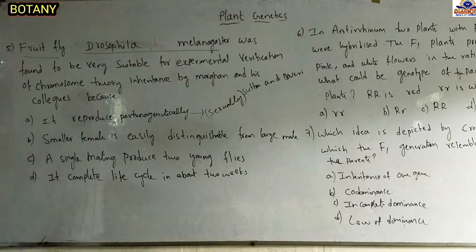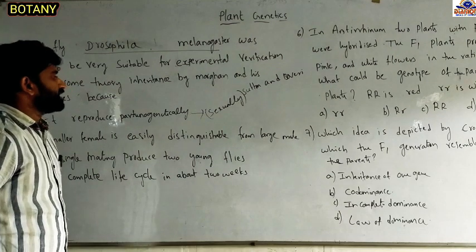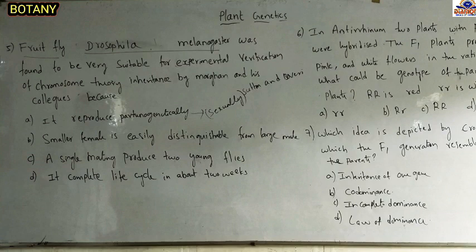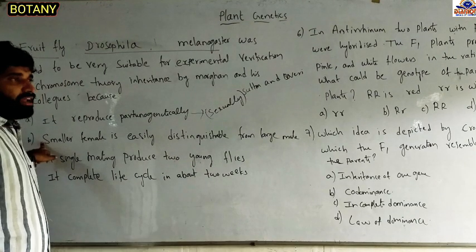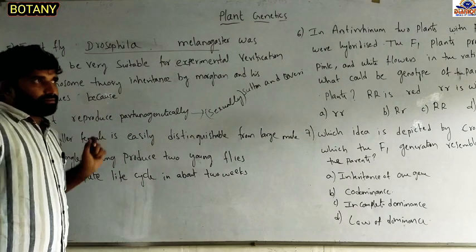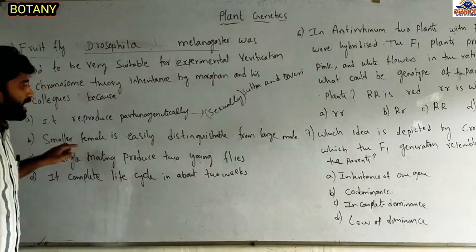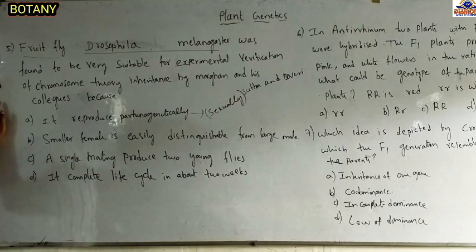And option B, the smaller female is easily distinguishable from the large male. Here, in Drosophila melanogaster, male and female flies are different in shape. So the larger one is the female and the smaller one is the male.